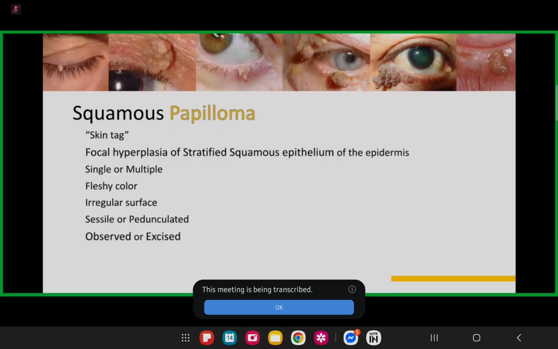This lesion is composed of a focal hyperplasia of stratified squamous epithelium of the epidermis. This appears as fleshy colored lesions with an irregular surface, which can be single or multiple, and can either be sessile or pedunculated. Such lesions are just observed, or if it's not pleasing, they can undergo excision.